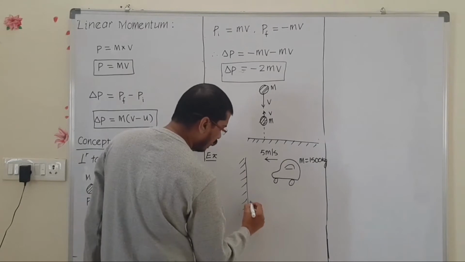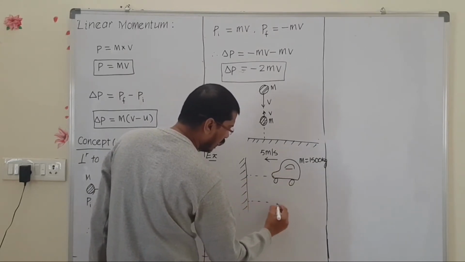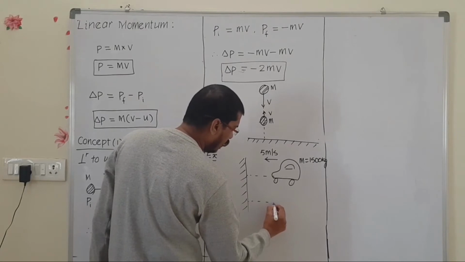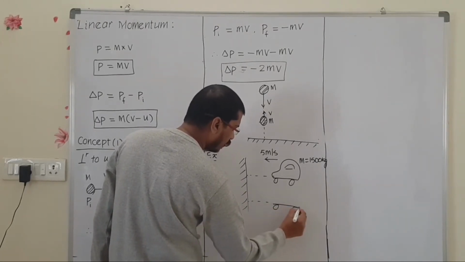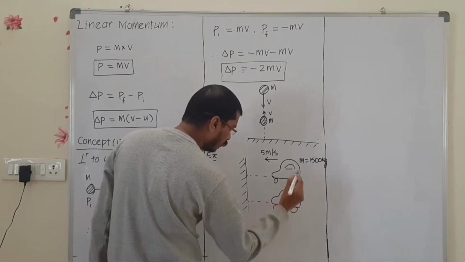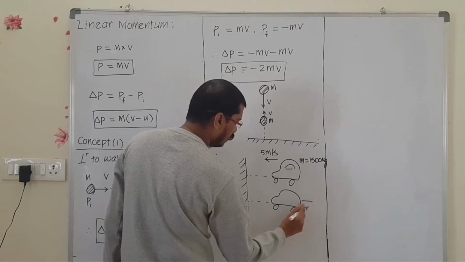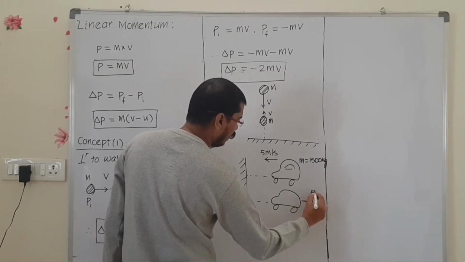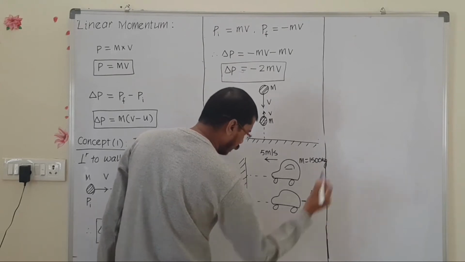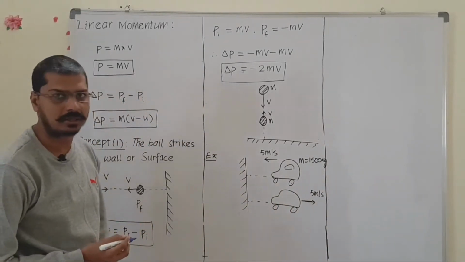After striking, it comes back like that, and after striking the object moves at five meter per second. Now in this condition we have to find the change in momentum.